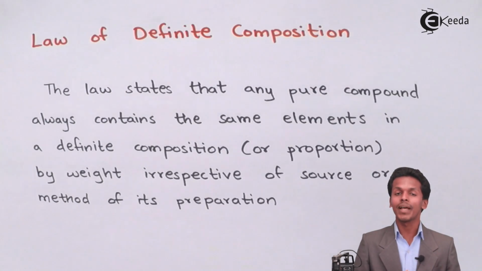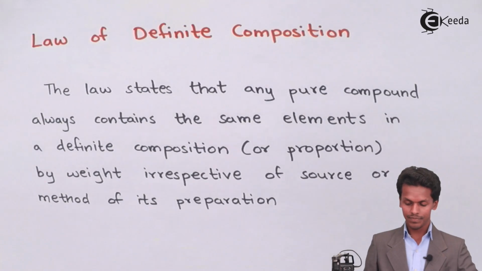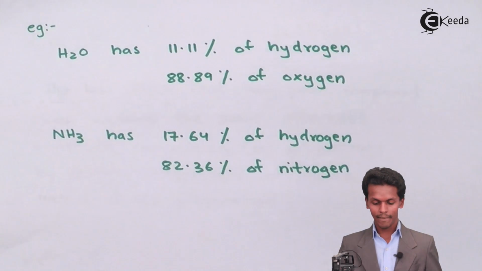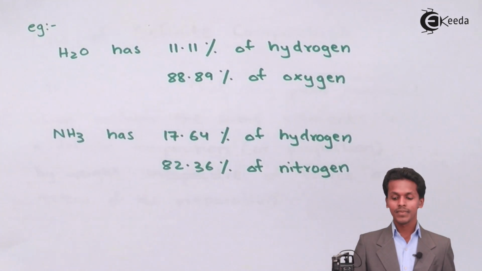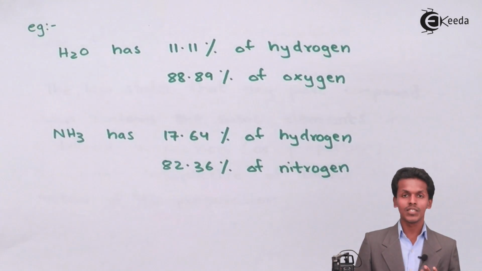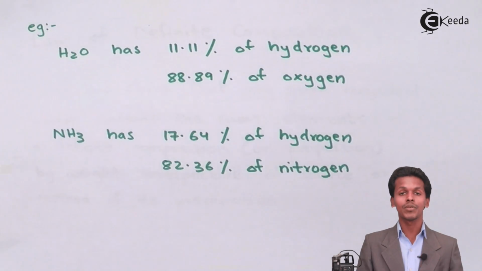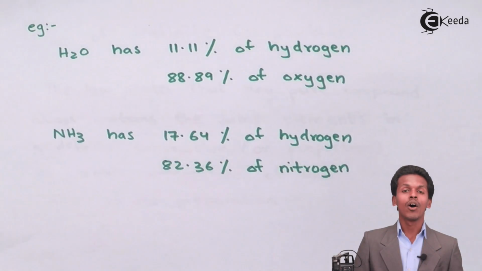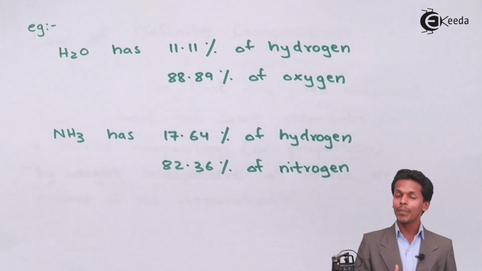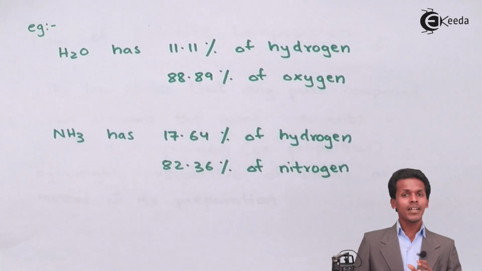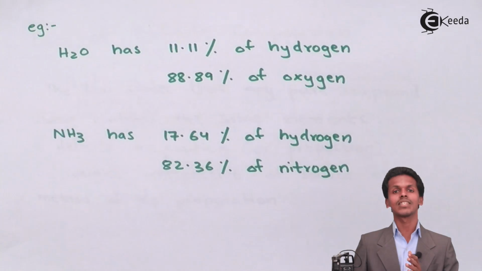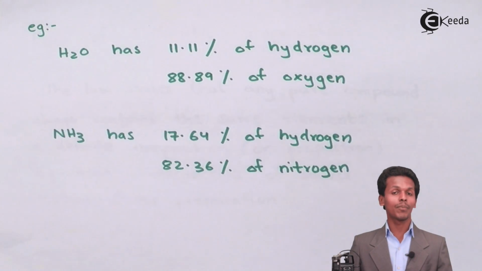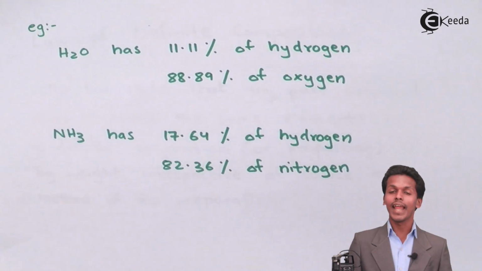Let me elaborate with an example. The first example is H2O. As we know, H2O is present in nature, and we can also synthesize it by the combustion of hydrogen and oxygen, producing H2O. Suppose we have a glass of tap water, and in a lab I have synthesized water by combining hydrogen and oxygen.